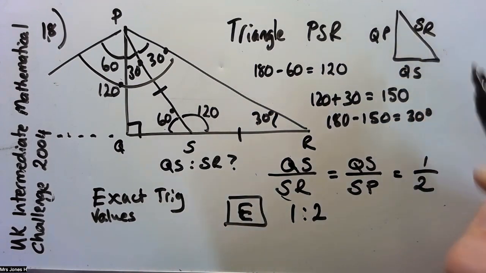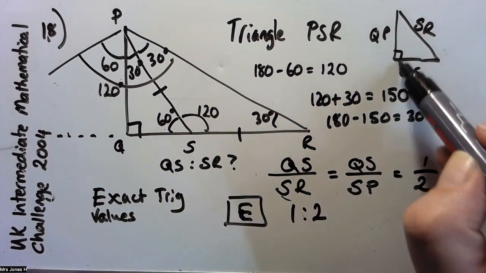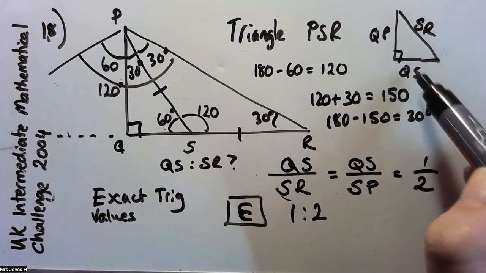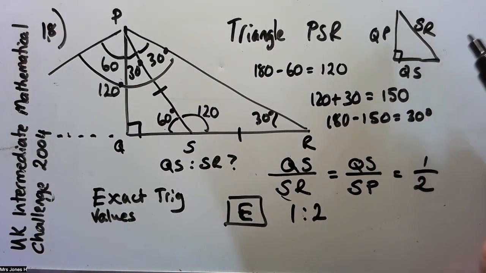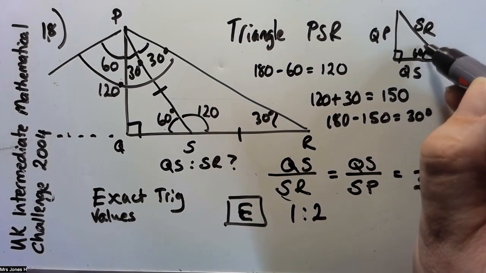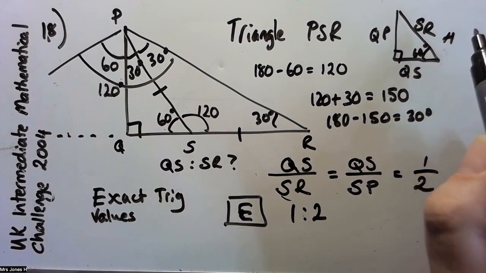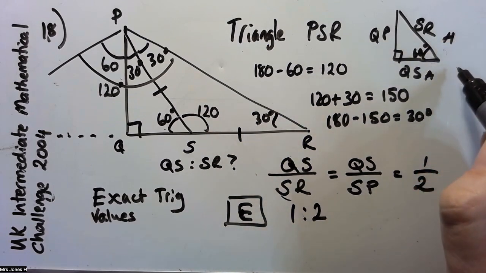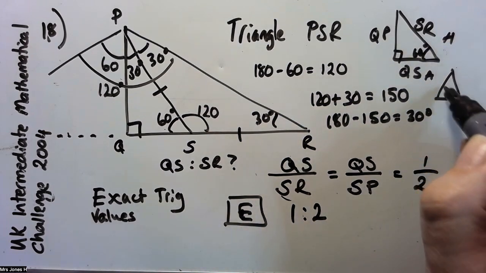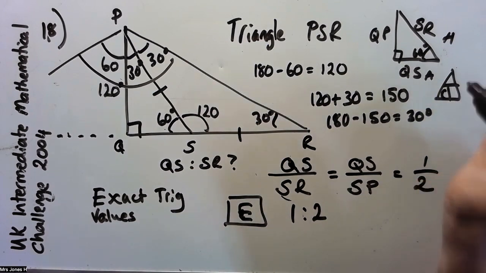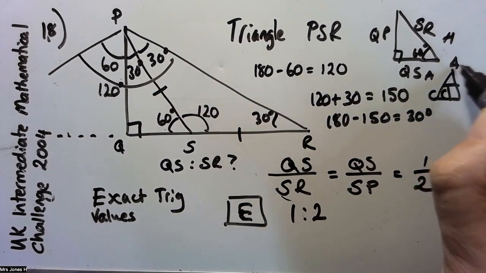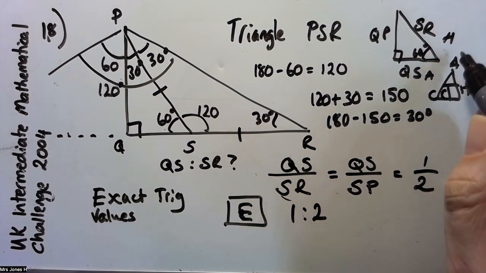This is like your hypotenuse of a right angle triangle. Well, we've got these two and this one here. If we've got SR, oh, and this is 60 degrees, that's key. And so we've got the hypotenuse, we've got the adjacent. So we're looking at CAH, a cos.